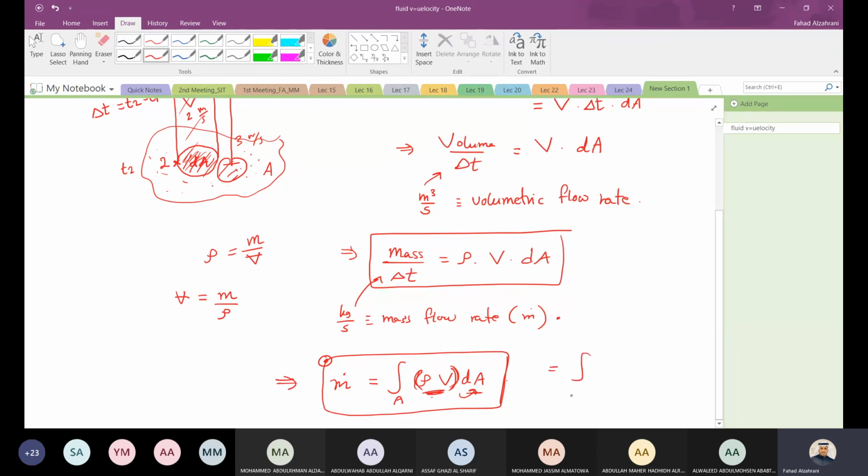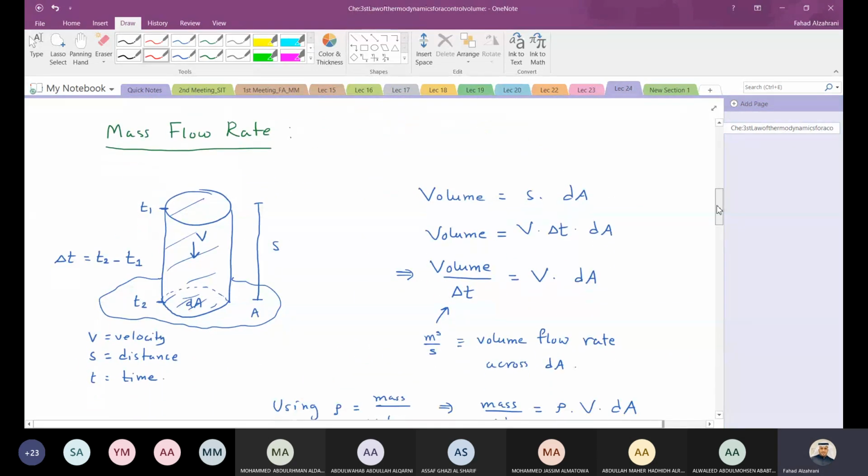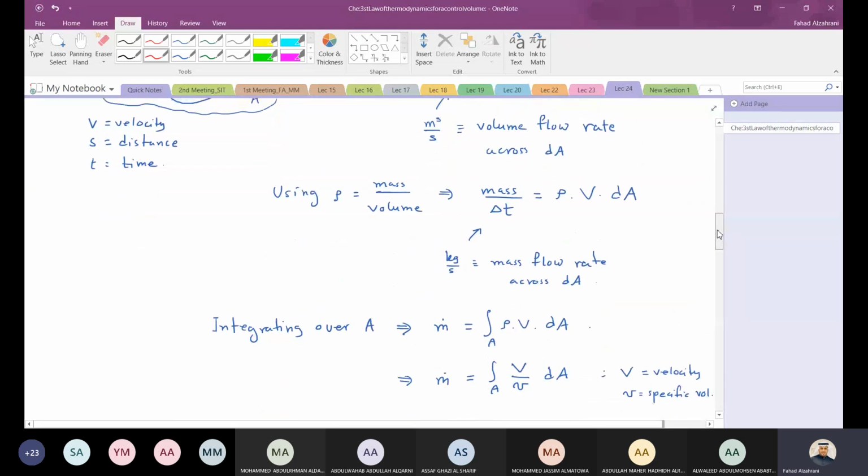Or I can rewrite it as velocity over specific volume, ليش؟ لأنه density is simply 1 over specific volume, dA. Okay, and this is basically what I have here. So integrating over area gives you eventually this equation. Remember, the V here is velocity in this case, okay? Don't confuse, it's not volume. V here is velocity. So that's why I try to make it clear.